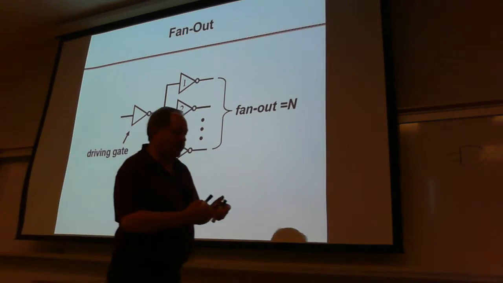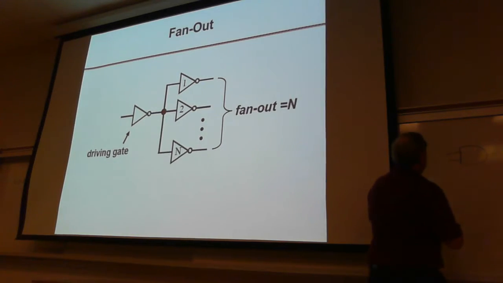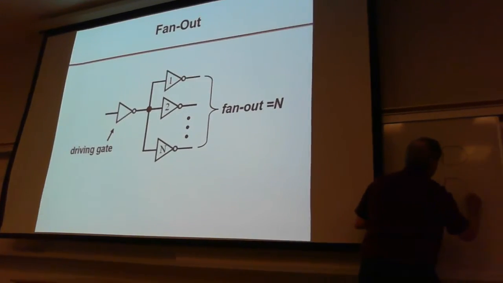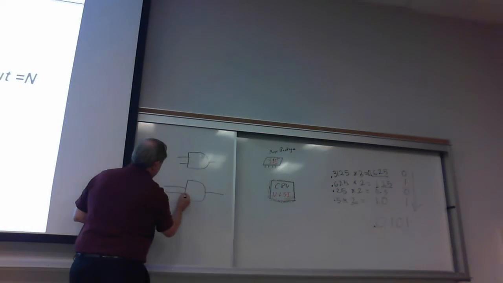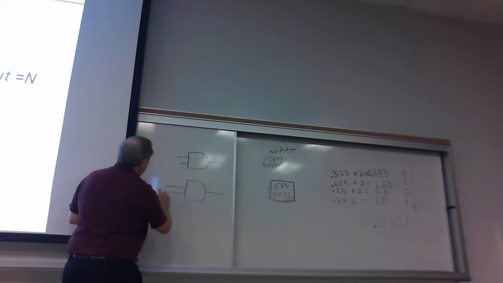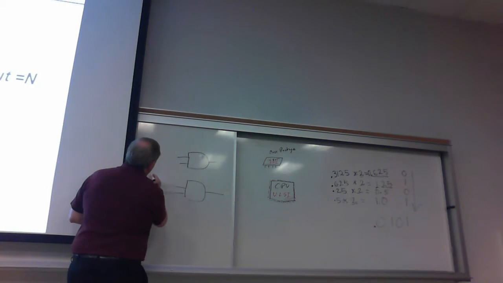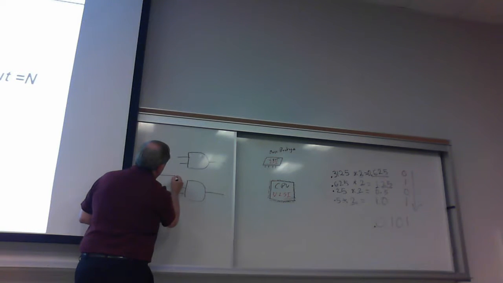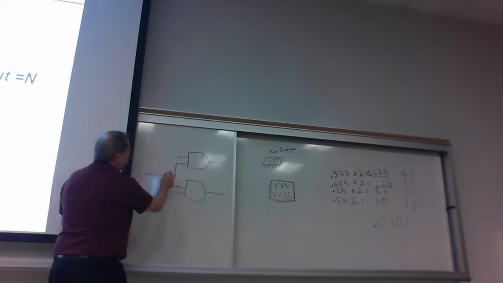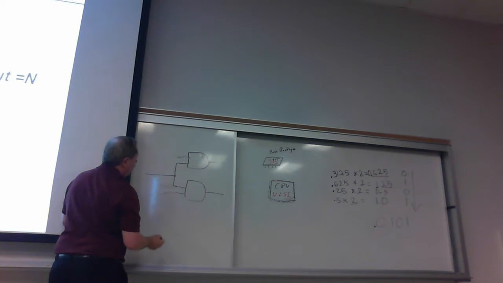You've probably seen, hopefully, some drawings like this, where I might have one input going to 2 different gates, so I have this fan out that we're talking about here.